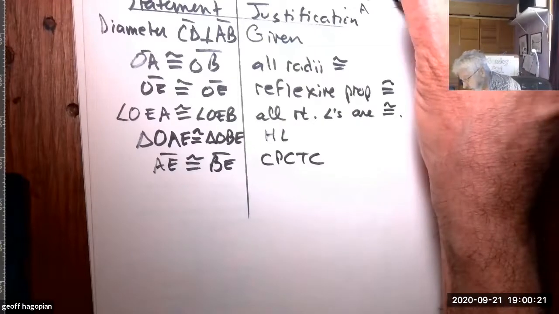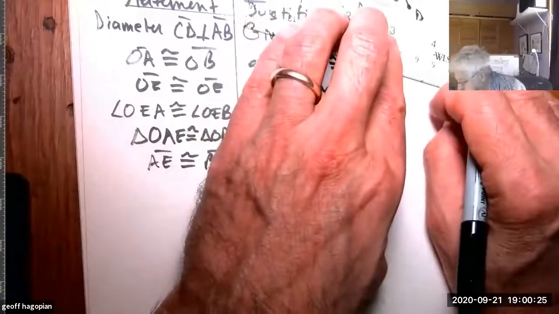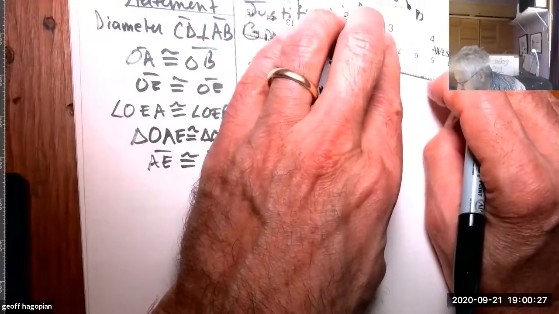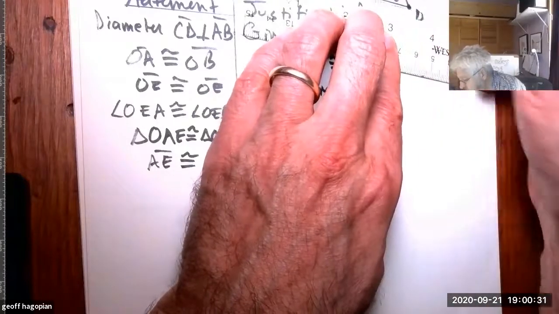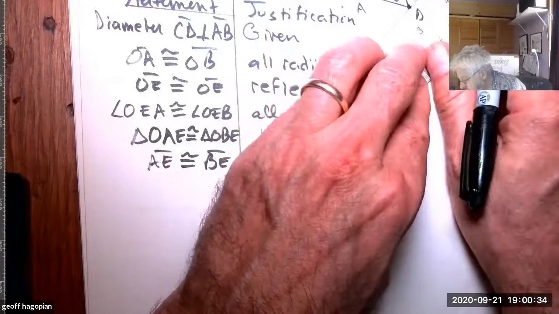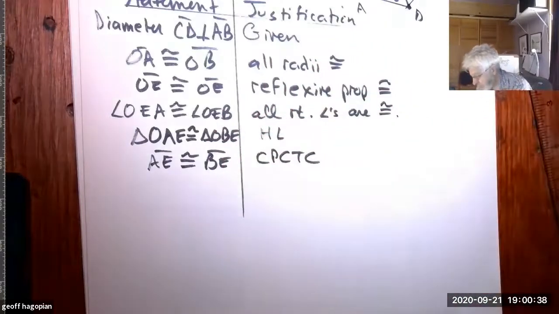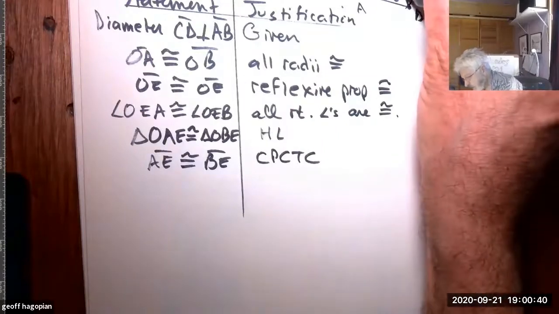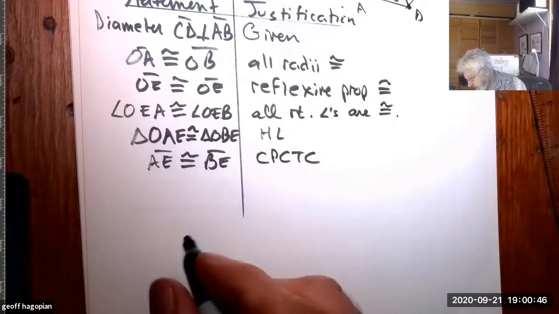Since we now know that this is congruent to that, we can now say this triangle here is congruent to that triangle there. This thing is congruent to itself, and we have a right angle. So I'm just going to cut to the chase on that.